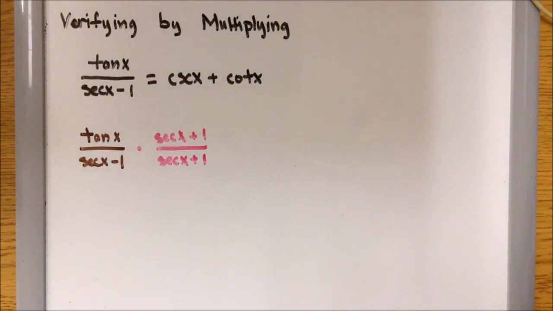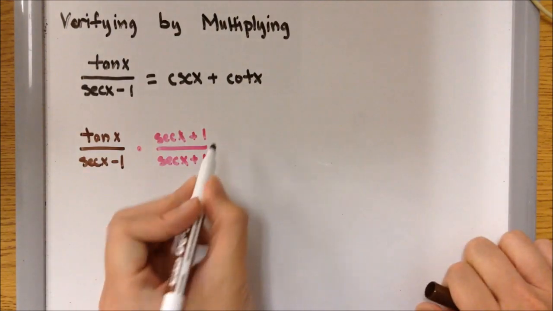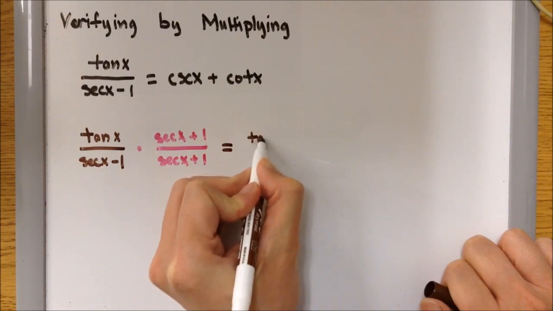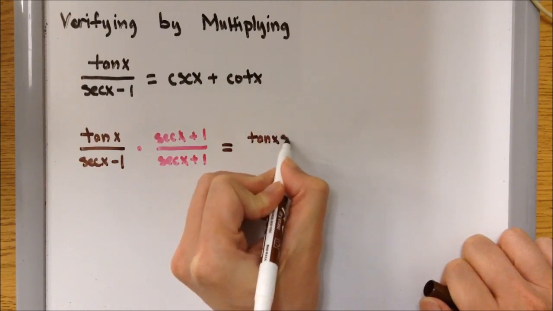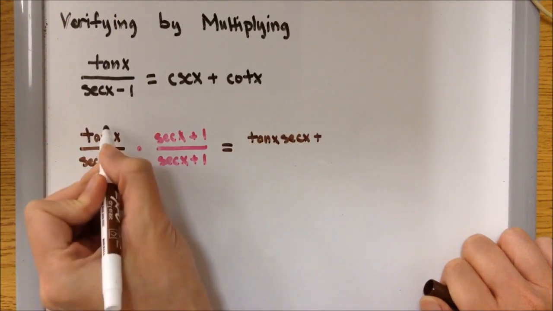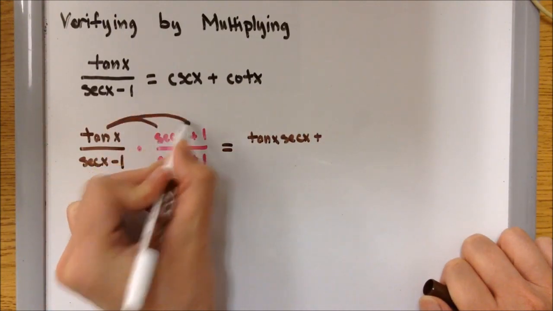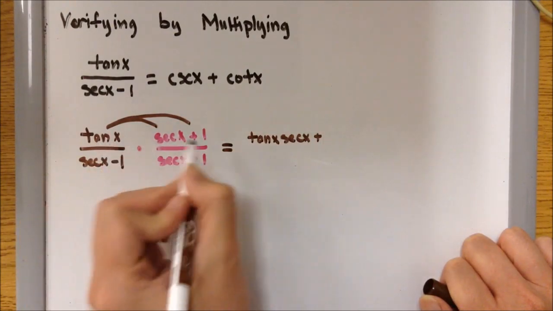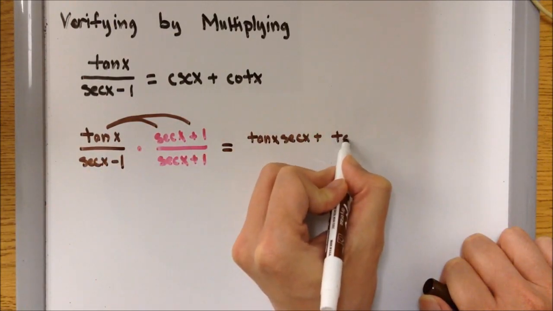So when we multiply, on the top, it will be tangent of x, secant of x, plus, again, I'm multiplying to everything, so this would be plus tangent of x times 1, tangent of x.